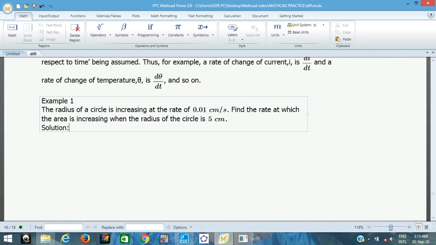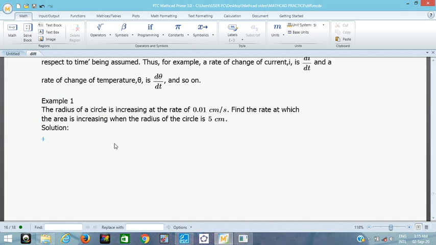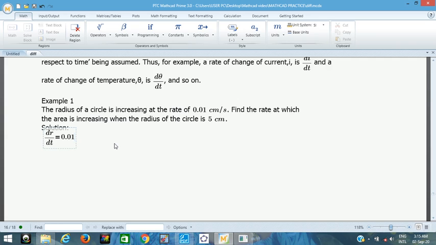So down to solution. What this means is that the change in radius divided by the time, dr/dt, will now be equal to 0.01 centimeter per second.